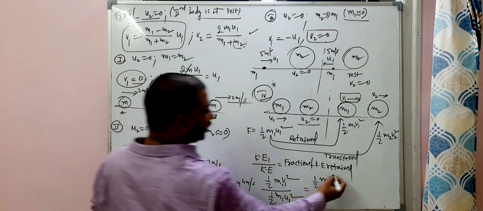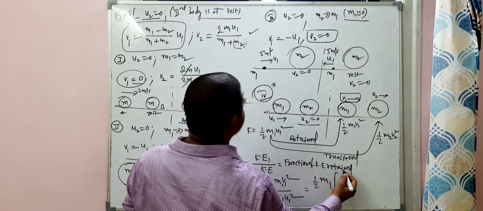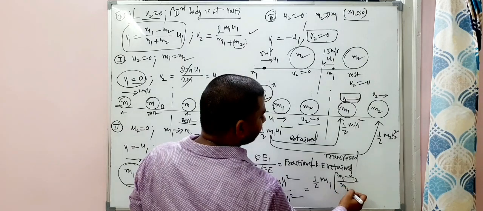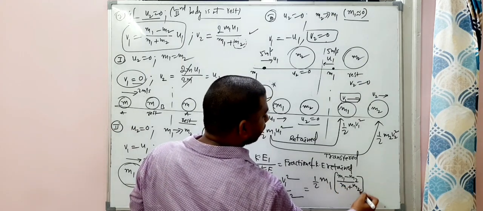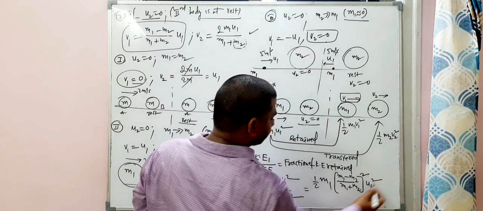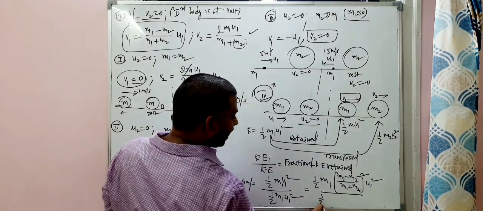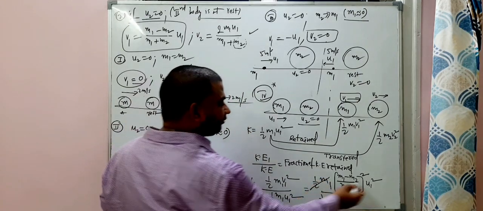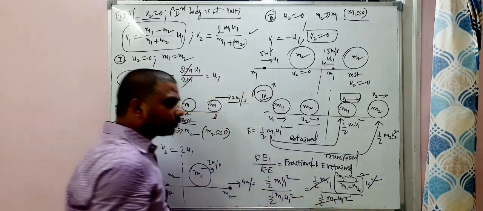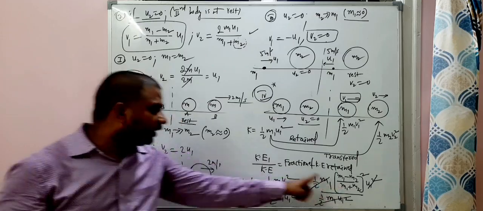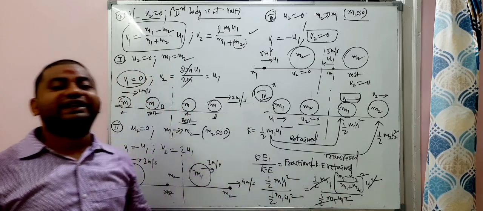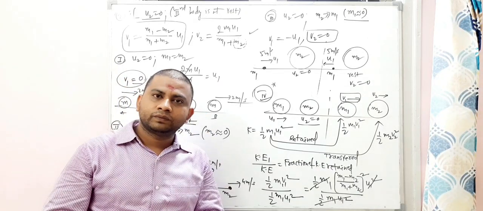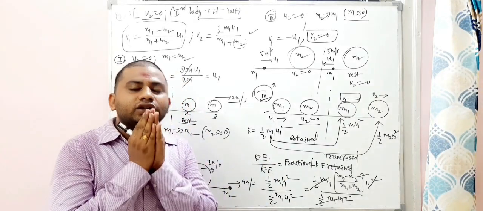So I am writing this V1. In place of V1 we can write M1 minus M2 by M1 plus M2 whole square into U1 square, divided by half into M1 U1 square. Half M1 U1 square cancels with half M1 U1 square. And that is the formula for the fraction of kinetic energy retained. Okay. Clear everyone? You just pause the video and finish it.